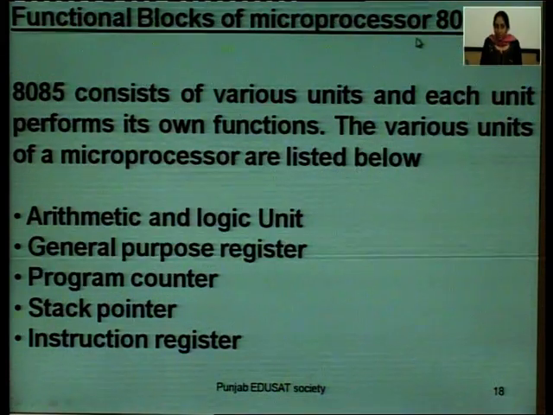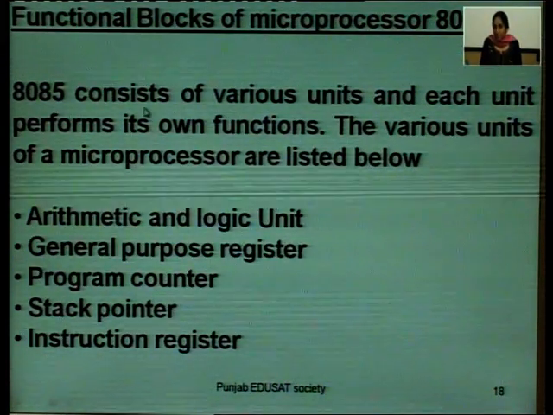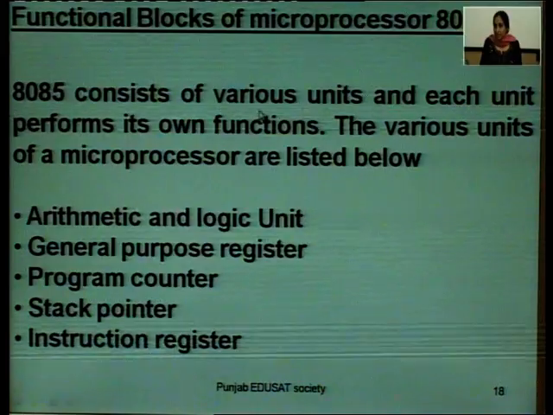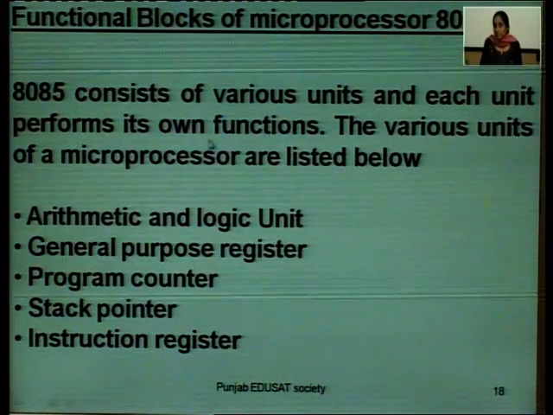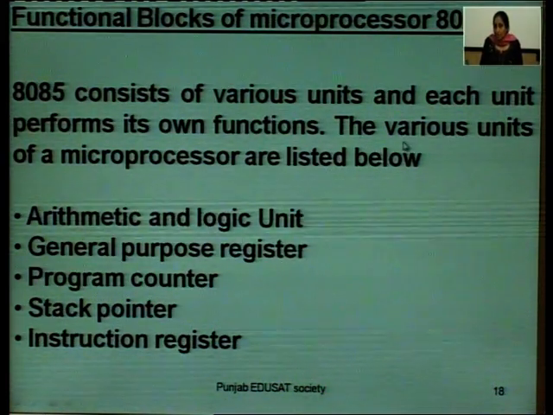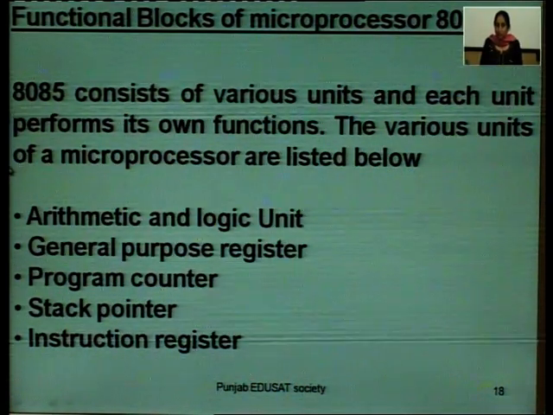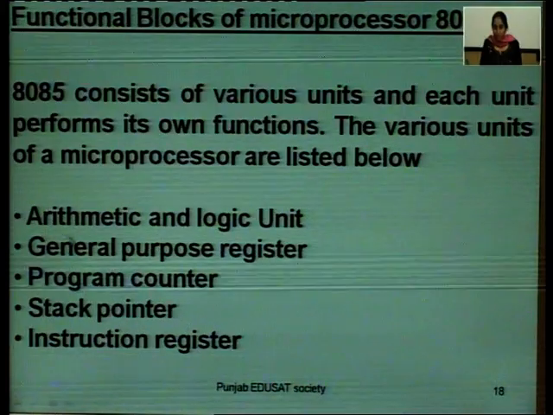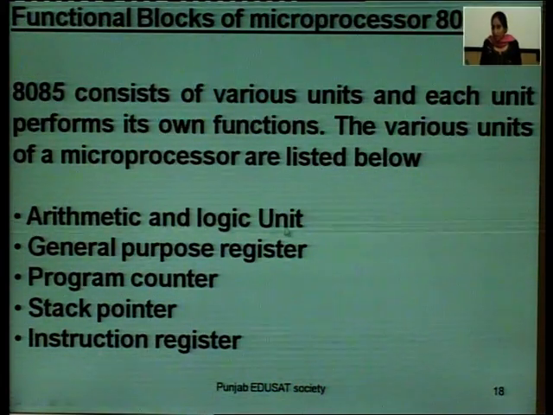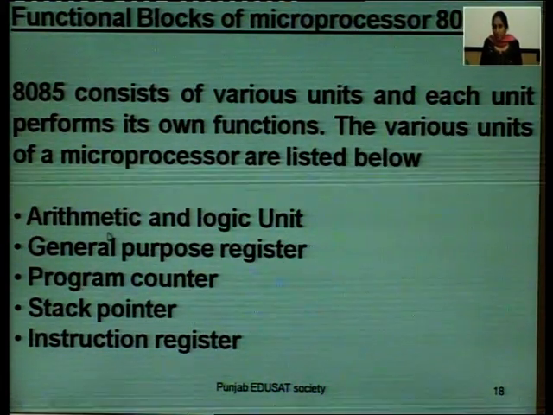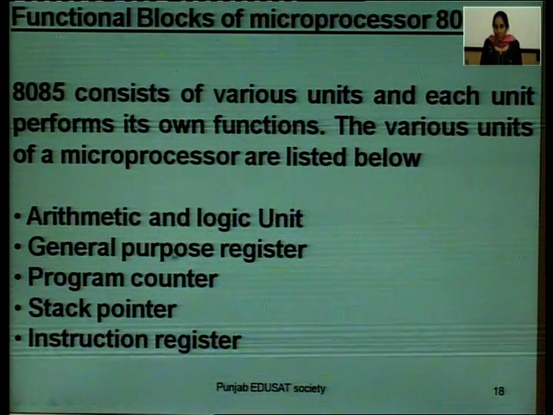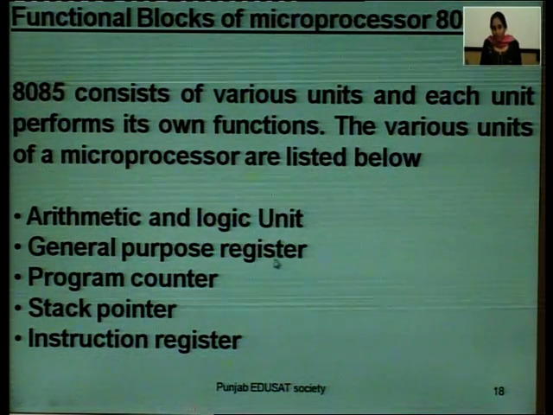Functional blocks of microprocessor. 8085 consists of various units and each unit performs its own function. The various units of a microprocessor are listed below. First of all, we have the arithmetic and logic unit. This unit performs arithmetic and logical functions. After that, we have general purpose registers.